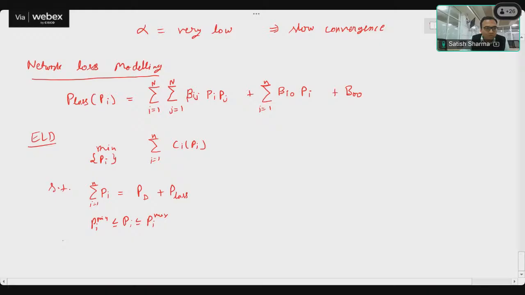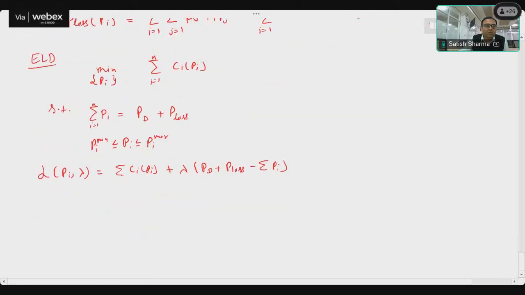And then we can write down the same Lagrangian function. It is L(Pi, lambda), which will be the summation of Ci(Pi) plus lambda times (PD plus P loss minus summation of Pi). So this is our loss formula, and then we can write down the conditions.